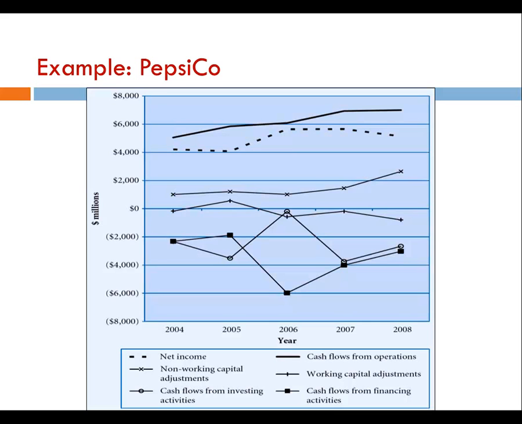So these adjustments, non-working capital adjustments, have the effect of what? What do the non-working capital adjustments do to net income? Your net income is lower than your cash, right? So this is really defining this difference right here, more or less.